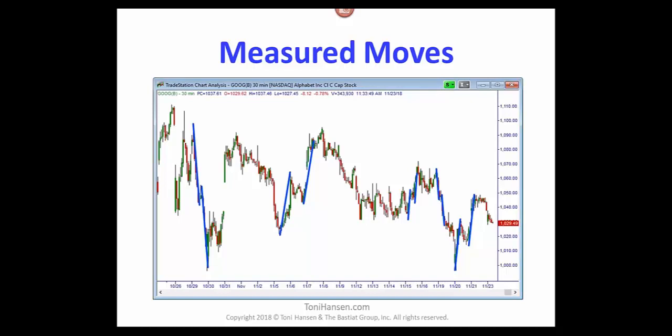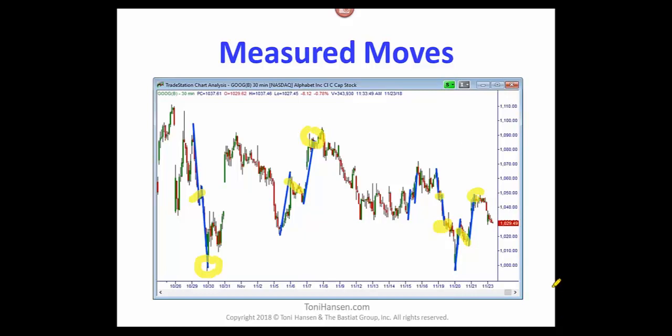So if you are trading a breakout or a continuation strategy, such as the one here, or even here or here on Google, as we're trading over the last couple of weeks, what you'll find is that you can often predict where that security is going to find support or resistance based upon looking at these measured moves.